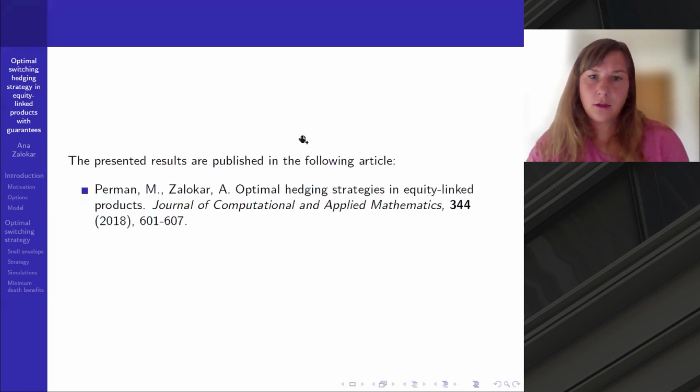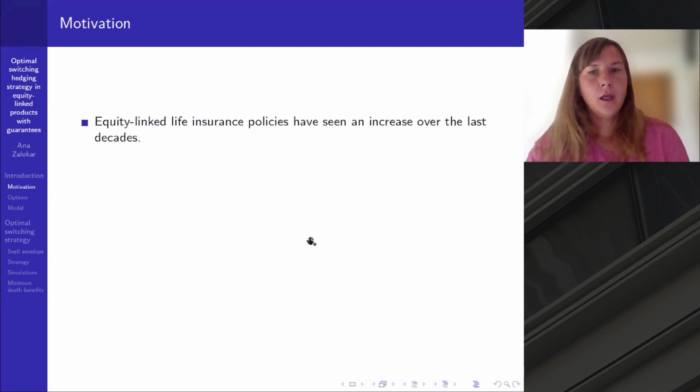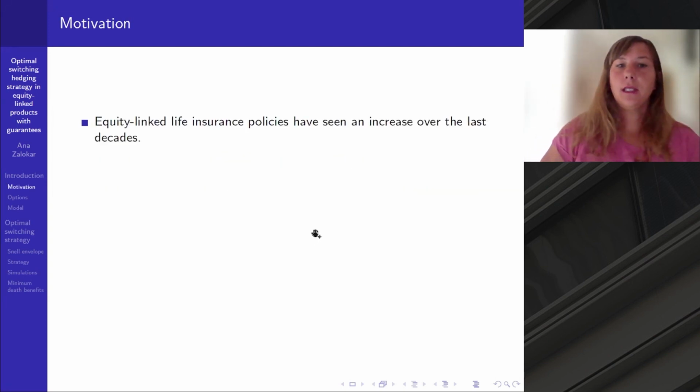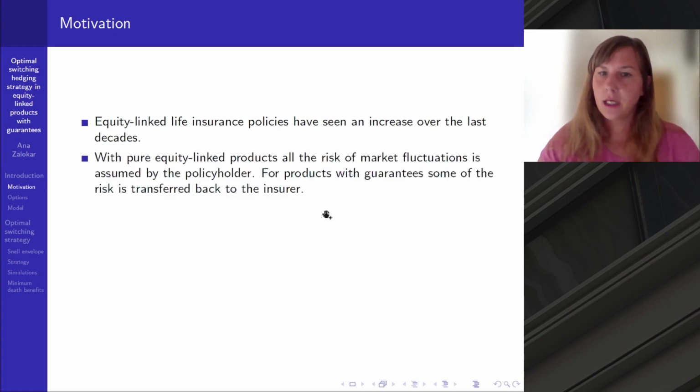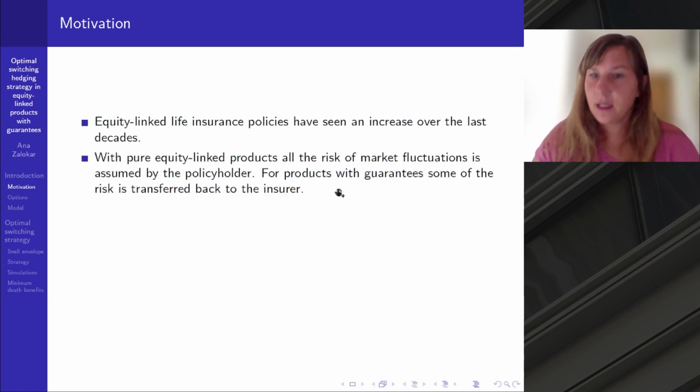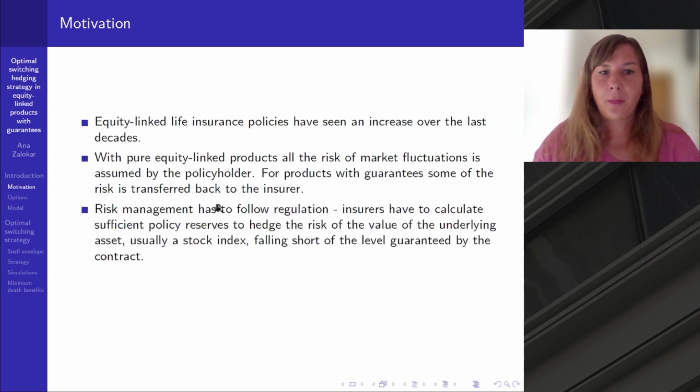So the presented results were published a few years ago in the Journal of Computational and Applied Mathematics, and this is the joint work with Michael Perman. So what was the motivation? Equity-linked life insurance policies have seen an increase over the last decades, but of course, for products with guarantees, some of the risk is transferred back to the insurer. Risk management has to follow regulations.